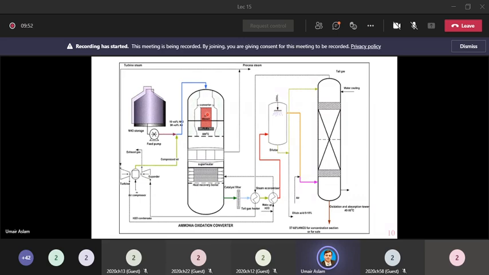Then the product species from the reaction section goes into the heat exchange section of the reactor, which is this lower section of the reactor. The temperature of the product species are reduced in two steps.